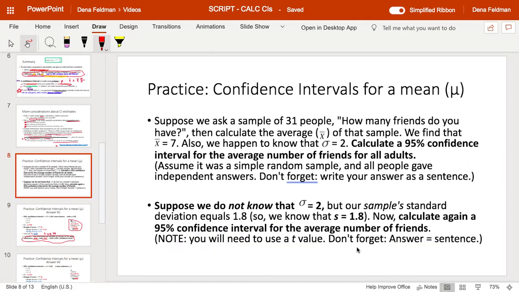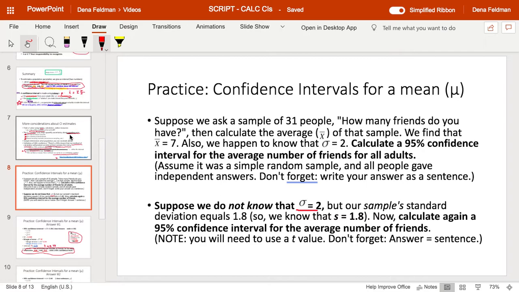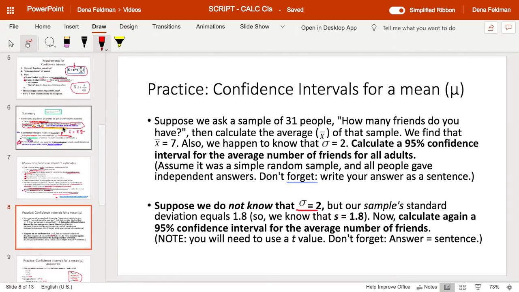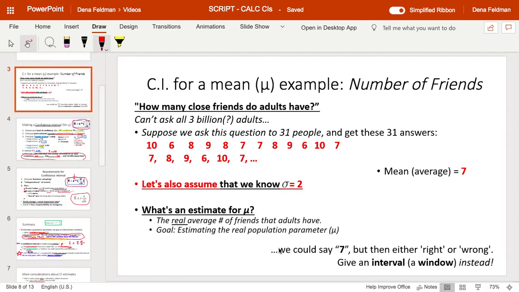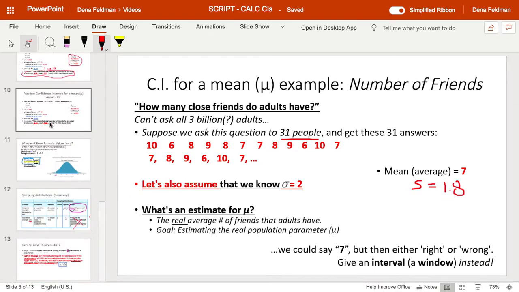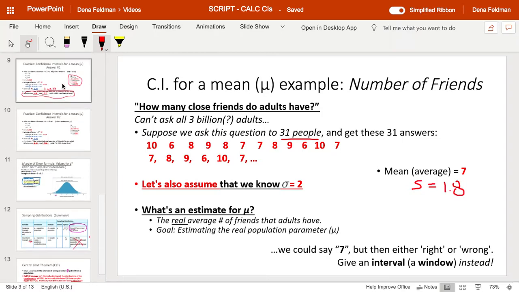Okay, and coming back to our second example, suppose we don't know the population standard deviation. We don't, in fact. So it says our sample standard deviation equals 1.8. So we were to ask 31 people, and with these 31 people I do a calculation to find the sample standard deviation, and I find a sample standard deviation of 1.8.